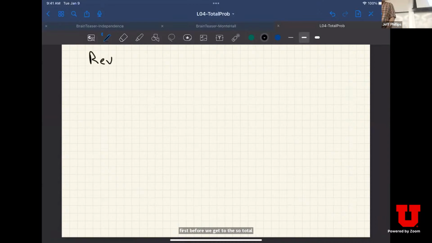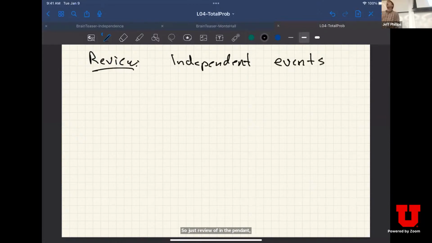So, just a review of independent events. We'll talk about independent random variables later, which will be a little bit different.